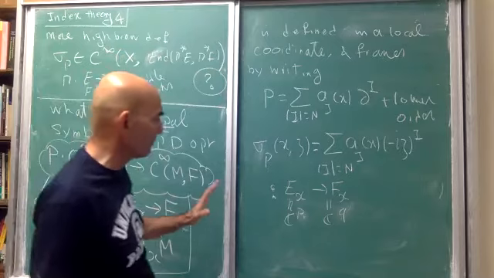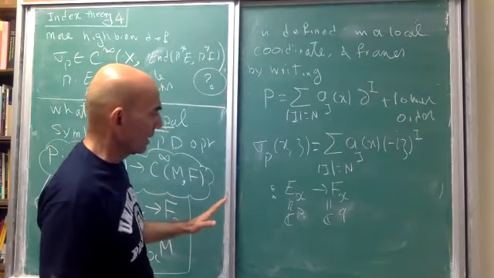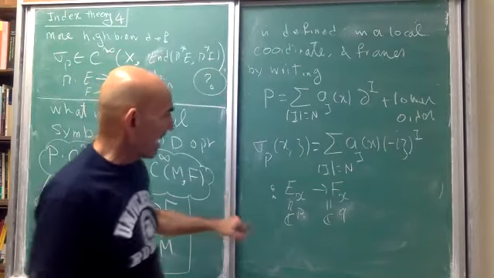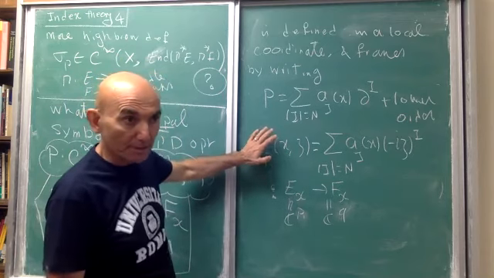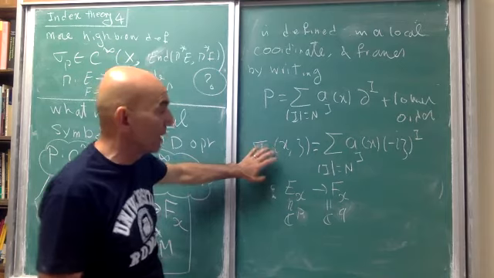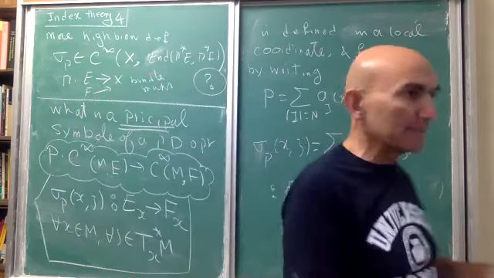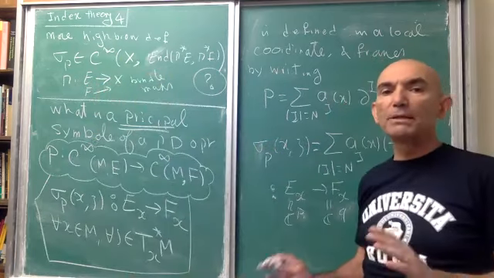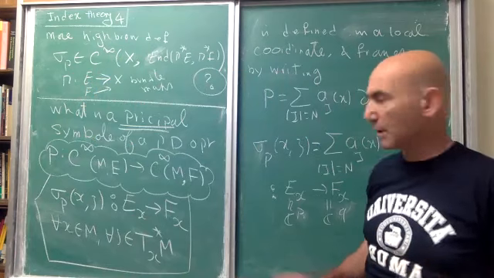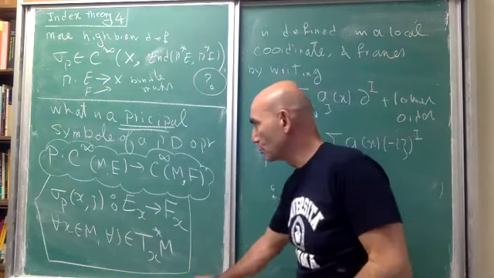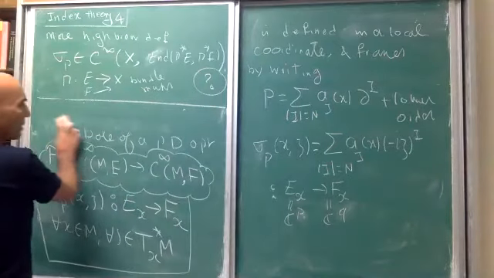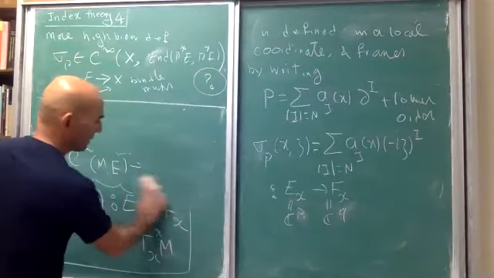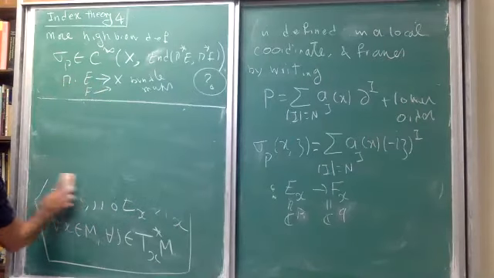But just before I finish, in 50 seconds, there is a deep thing here to be proved. There's an important thing to be done here. You have to check that this definition is independent of choice of coordinates. That's very important. So this is a proposition. I highly recommend you do it. That's an important part of the calculus here.